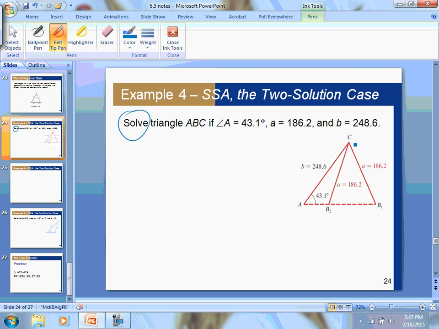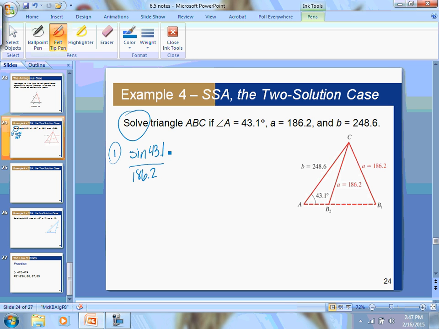When we're dealing with these problems, we want to start with the law of sines and the proportion for the law of sines. So let's see if we have an angle and a side that's across from it. They gave us angle A and side A. So for our first step, we have the sine of 43.1 over 186.2.